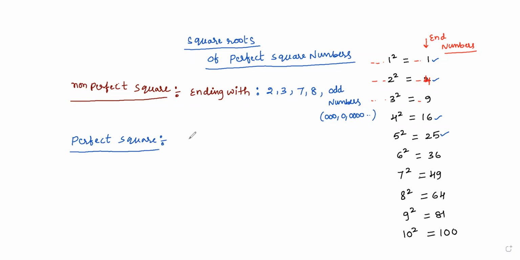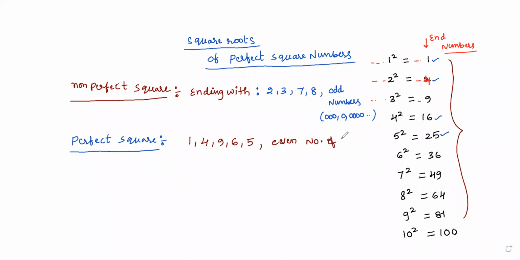So perfect square numbers are ending with 1, 4, 9, 6, 5. You can see here in this table you can observe these types of numbers and an even number of zeros.